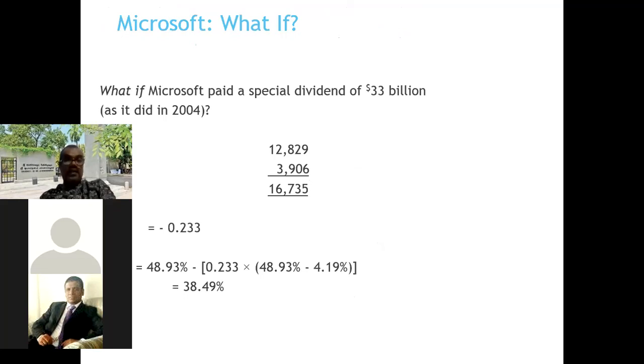Then what if Microsoft paid a special dividend? By that time, Microsoft disposed of most of its financial assets and paid a $33 billion dividend and restructured its balance sheet in the following year. Then it improved its ROCE to 38%. Right? So it had a negative financial leverage that was reduced.